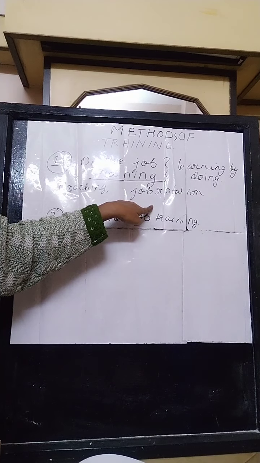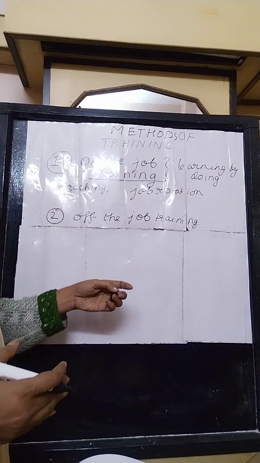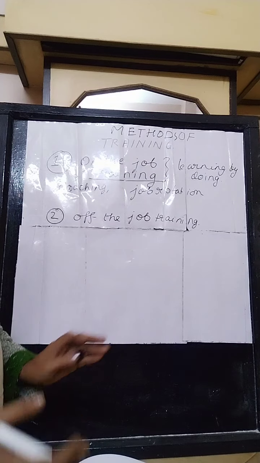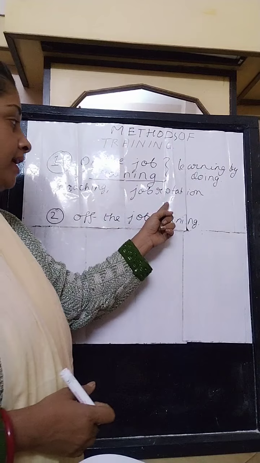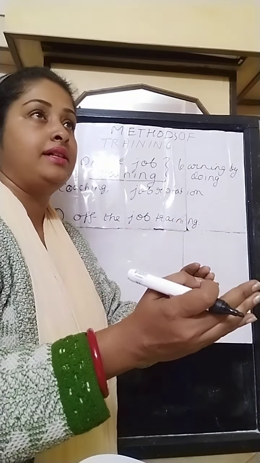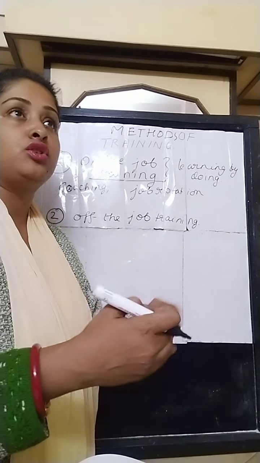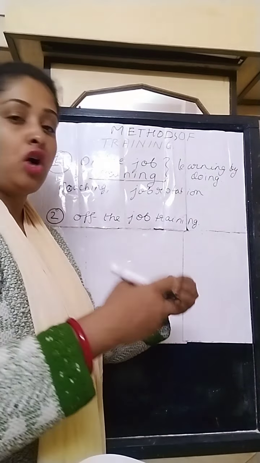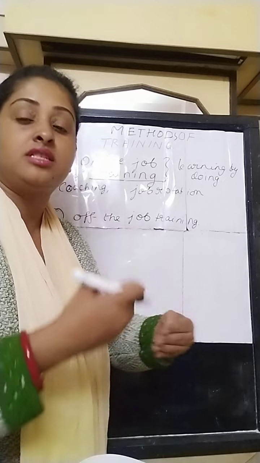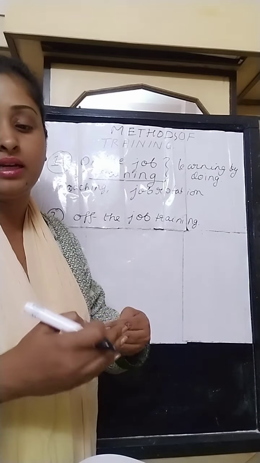And job rotation means the employee moves from one job to another at planned intervals. These movements through different jobs provide a wide exposure. He is moved to some other level of work, maybe to some work where a superior is working. So in job rotation, his position is rotated continuously.